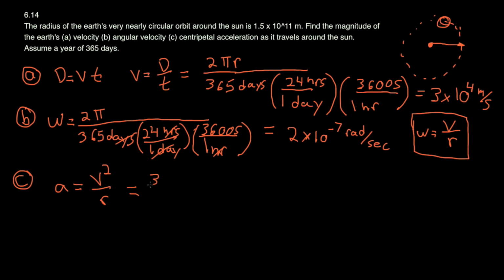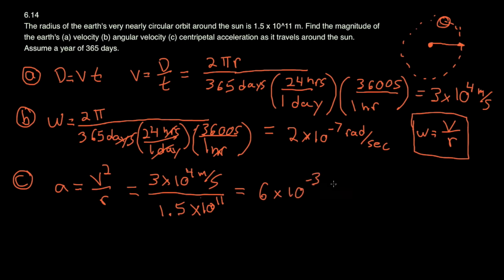So 3 times 10 to the 4th meters per second, squared, over r, which is 1.5 times 10 to the 11th. When you put this in a calculator, you get 6 times 10 to the negative 3 meters per second squared. Okay, and that's pretty much it for problem 6.14.